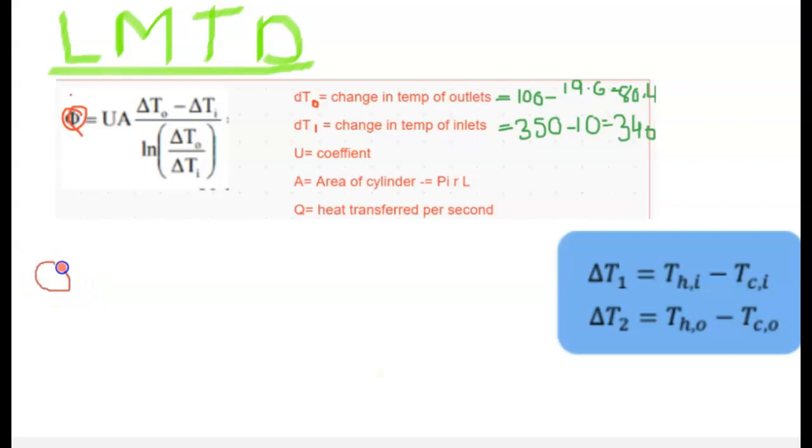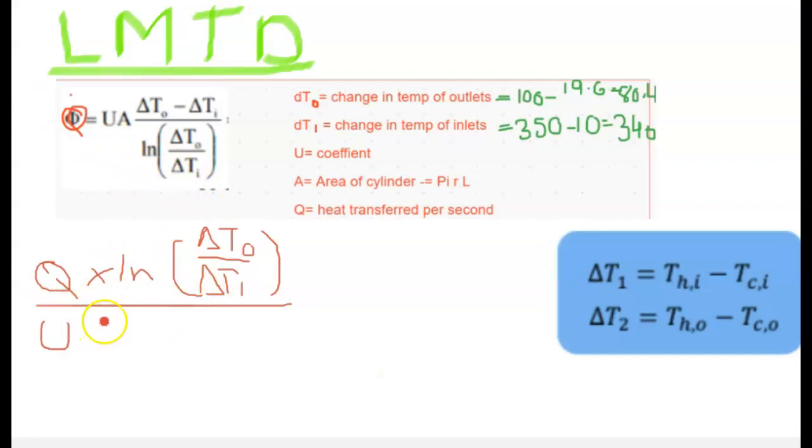So you have Q multiplied by ln of delta T naught over delta T1, divided by U, and then in bracket delta T naught minus delta T1. So I will have this value and that will give me the area. I need to find the area first.